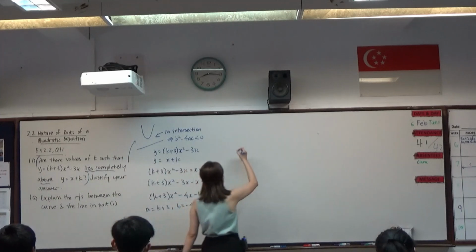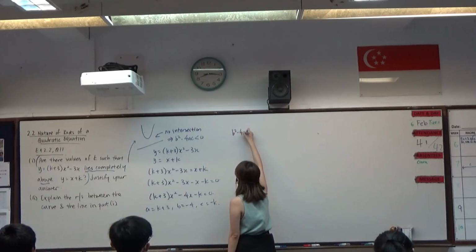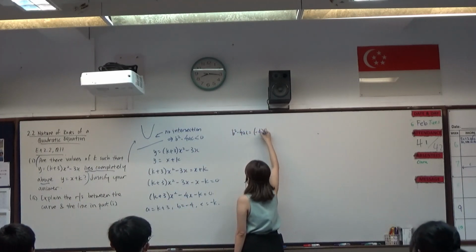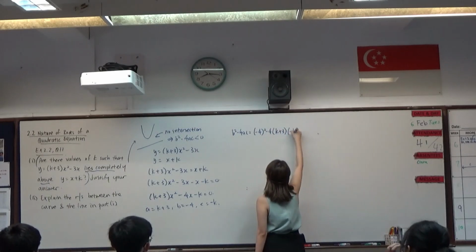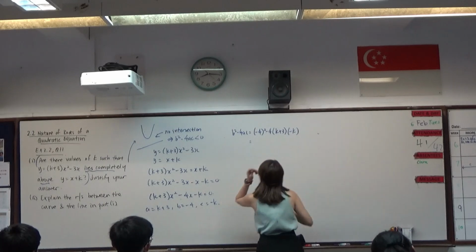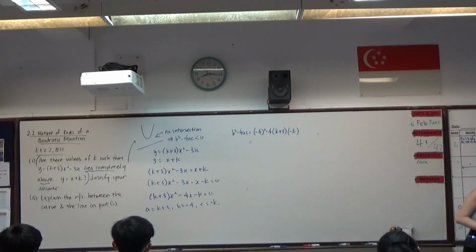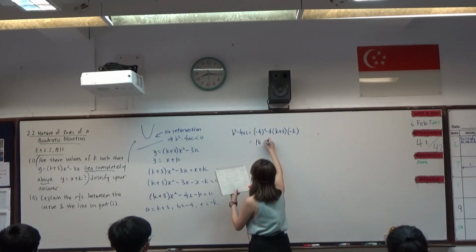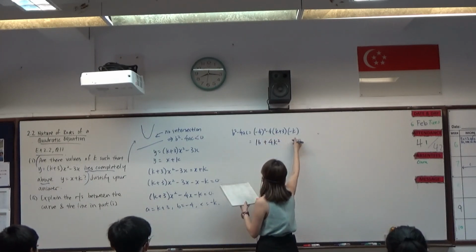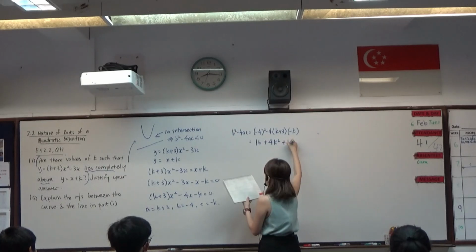So finding our discriminant, a is k plus 3. Then we will get 16 plus 4k squared plus 12.